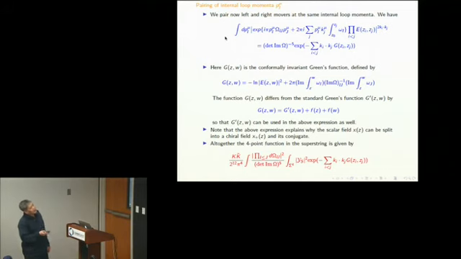But in fact, as Eric also explained in his lecture, because it differs from the standard Green's function by a sum of two independent functions, and because these momenta add up to 0, you can also replace this one by that one. So everything is well defined.